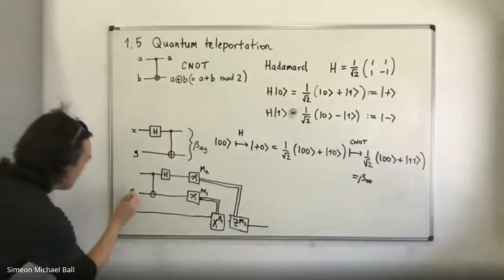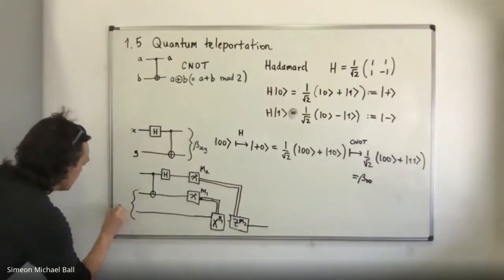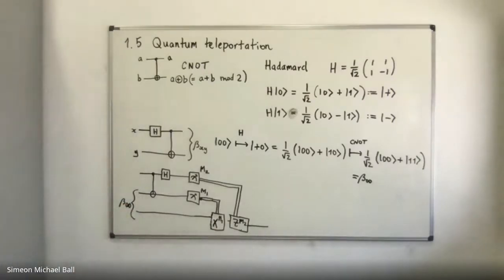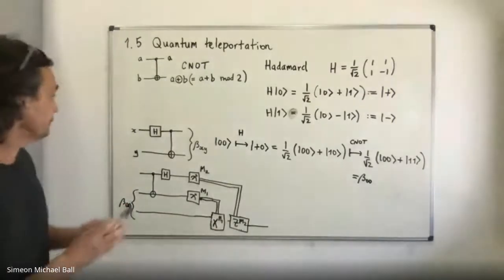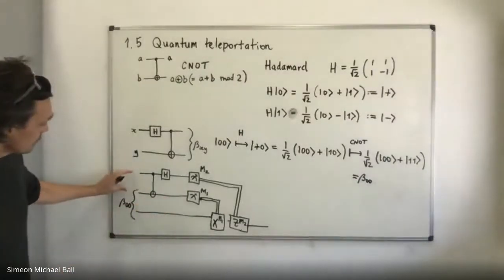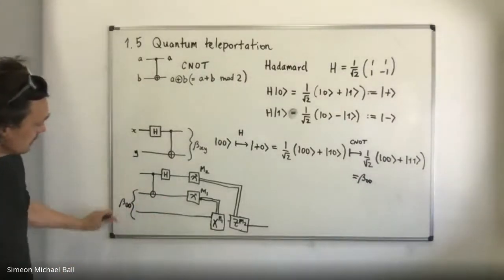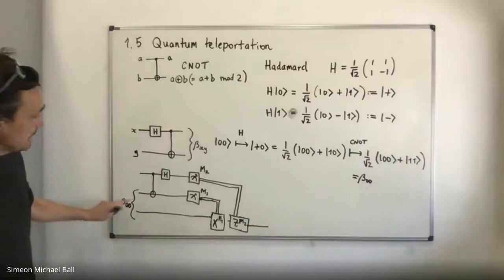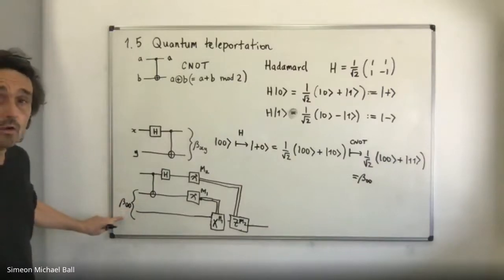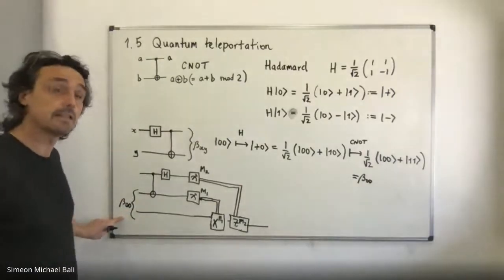Down here we're going to put in beta 0,0. And the point is that these 2 entangled qubits here, the second and the third wire, we're going to physically separate.